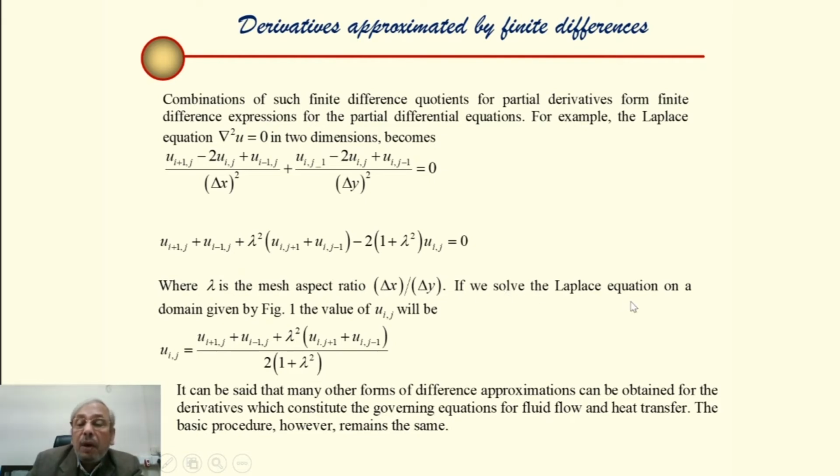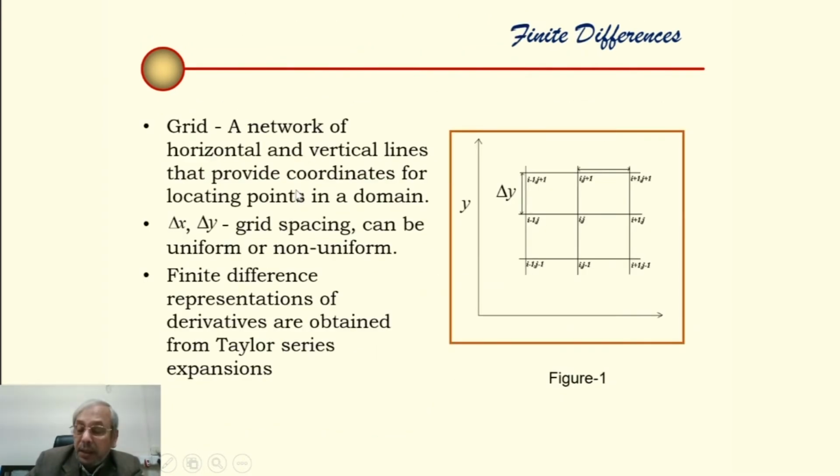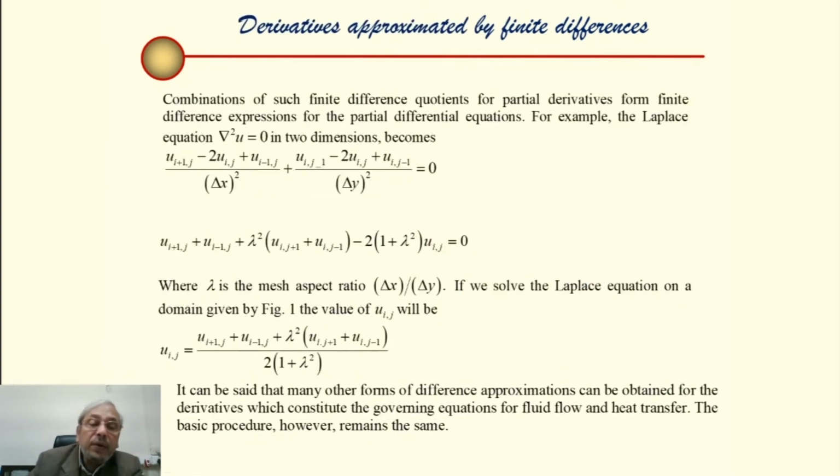Now, if we solve the Laplace equation on a domain that we have seen earlier in figure 1, basically some such domain, we can write u_ij is equal to u_i+1,j plus u_i-1,j plus lambda squared times u_i,j+1 plus u_i,j-1, divided by twice 1 plus lambda squared.